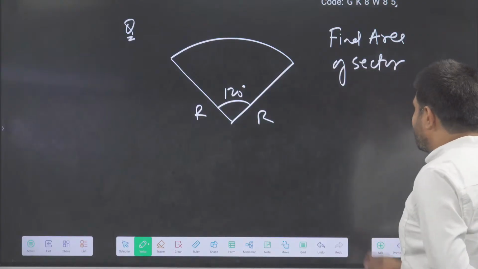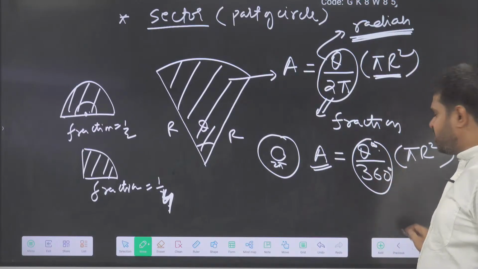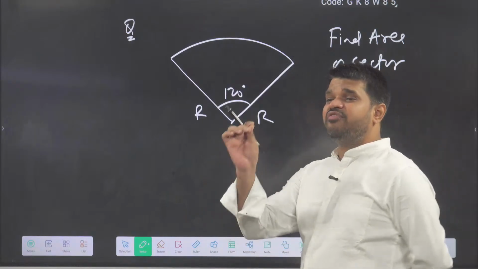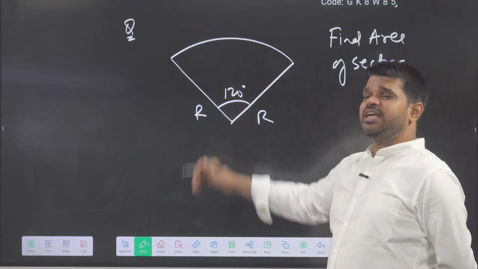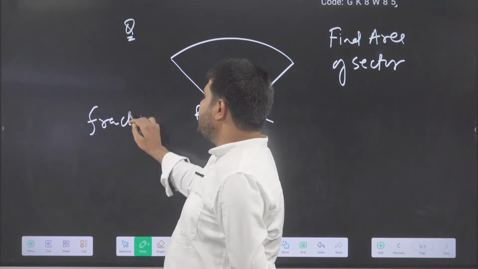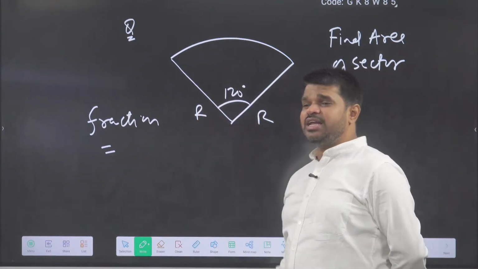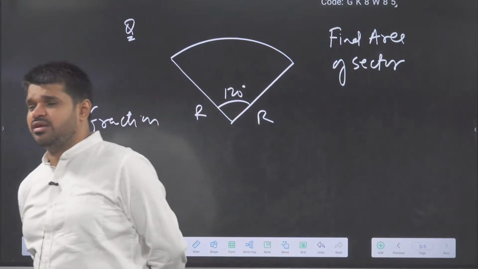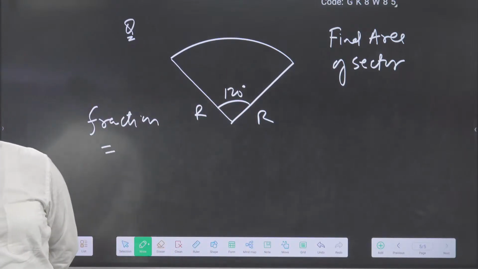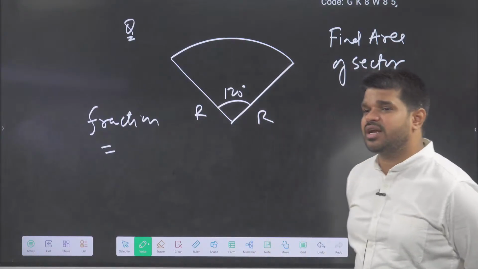Okay, good. Let's find. I will use this formula, theta by 360. First of all, can anyone tell me the fraction directly? This sector is what fraction of the total circle? 1/3.